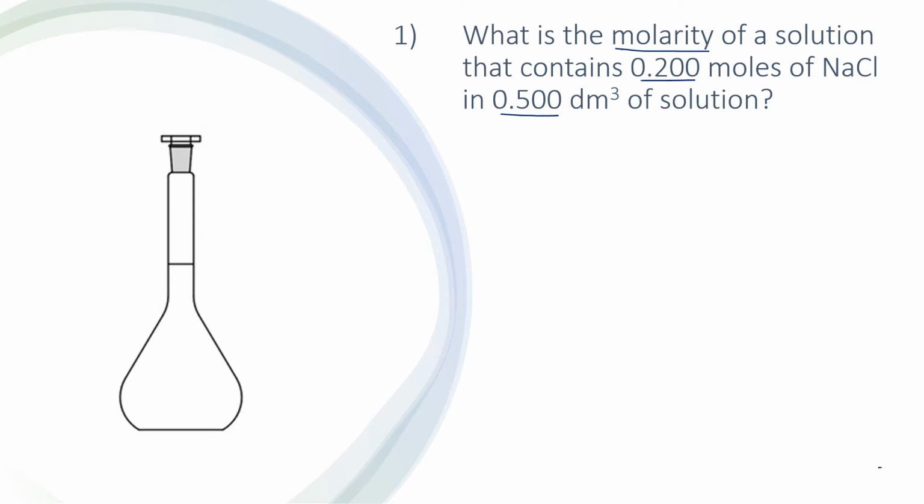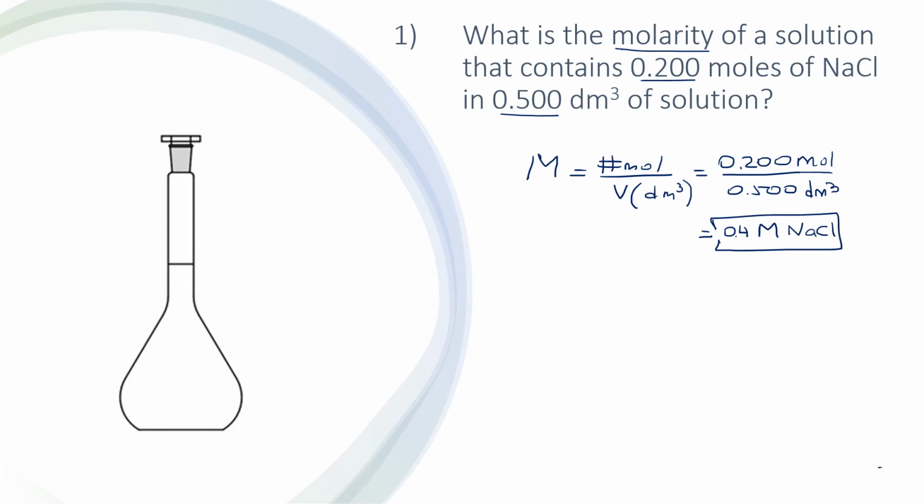So the molarity is equal to the number of moles divided by the volume in decimeters cube or liters. So the only thing that we have to do is 0.200 divided by 0.500. This is going to be the same as 0.4 molar of sodium chloride.